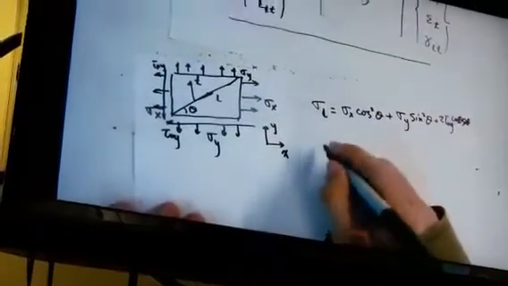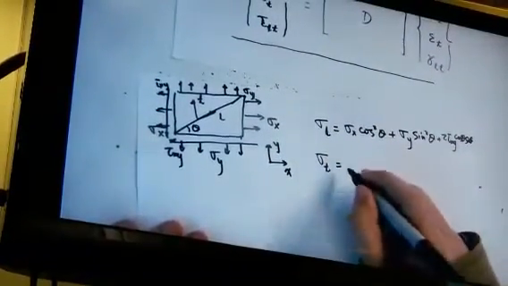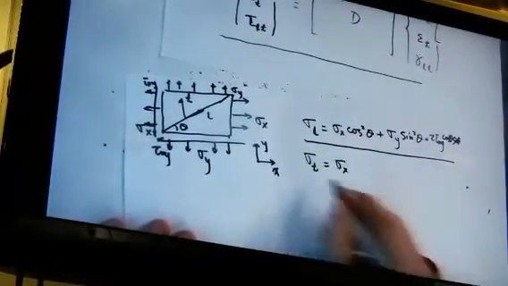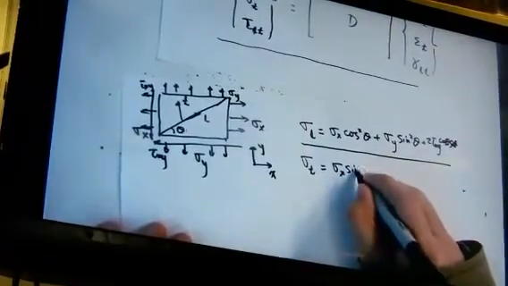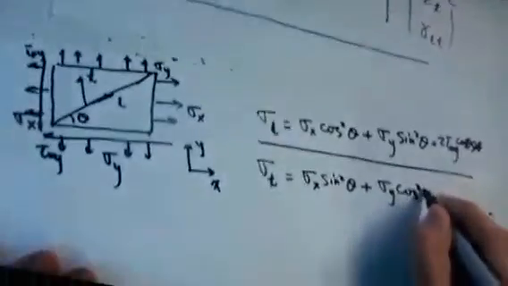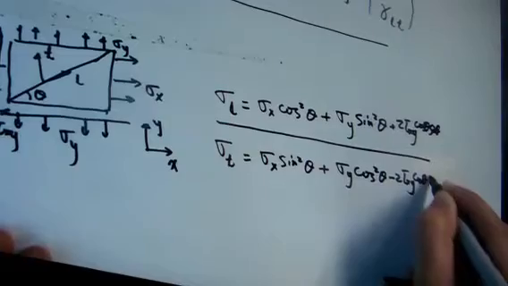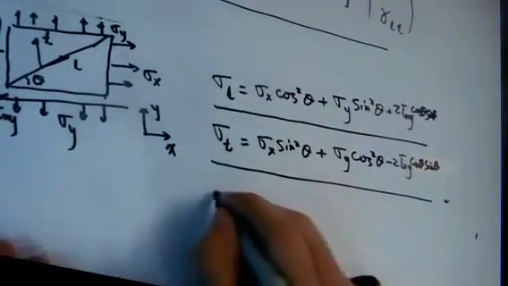This is the first equation. The second one is the normal stress on that surface, and this one is the stress along that surface. So this is the second equation.